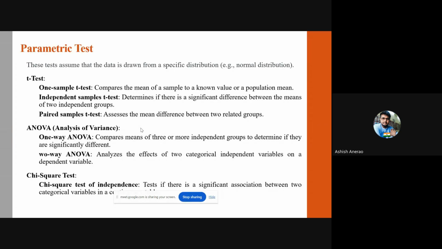Whenever we want to check the association between two types of categorical variable, that time we use the chi-square test. Very simple.